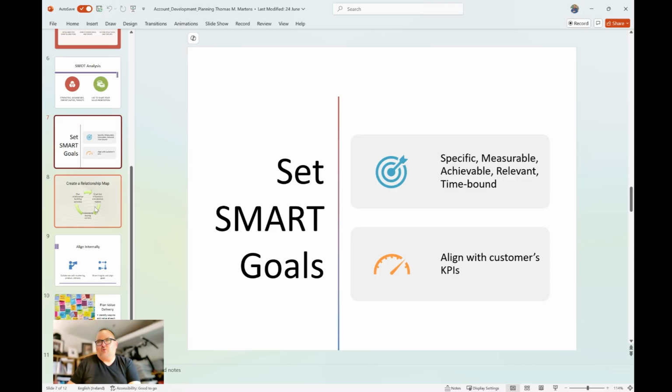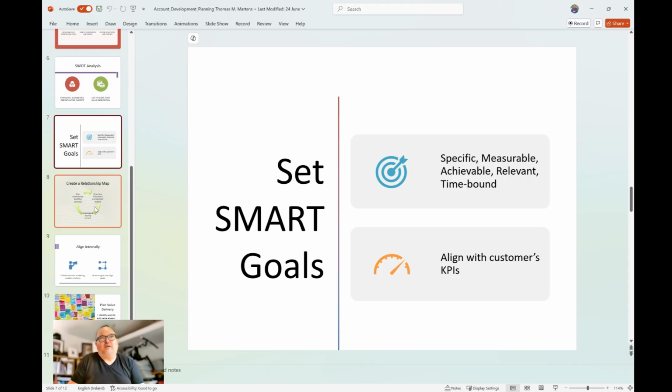Then it is measurable: what should be the outcome? Achievable: what does the customer want to get out of it? How relevant is it for the customer, so what kind of priority? And there is a time frame.